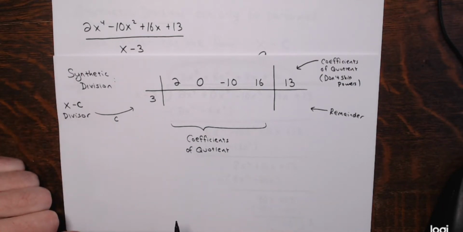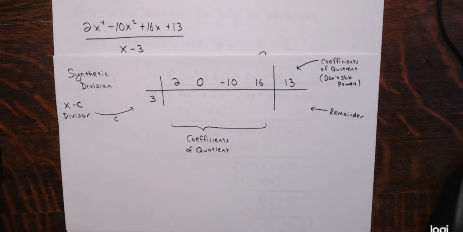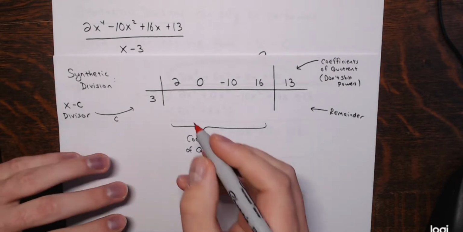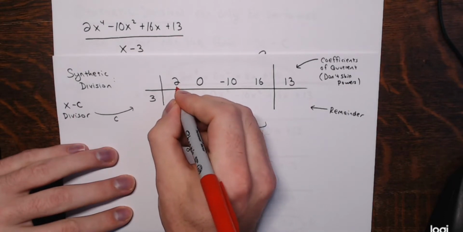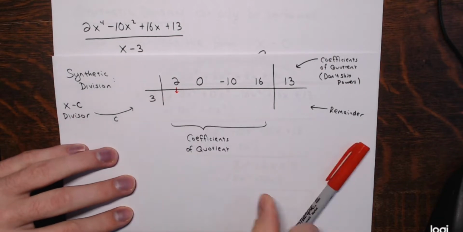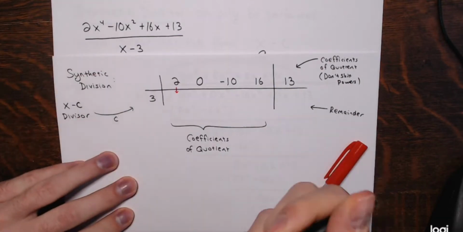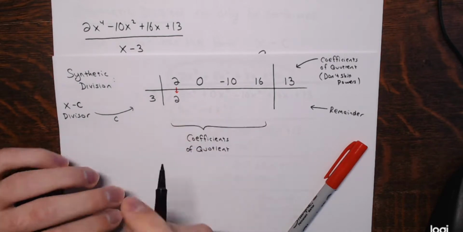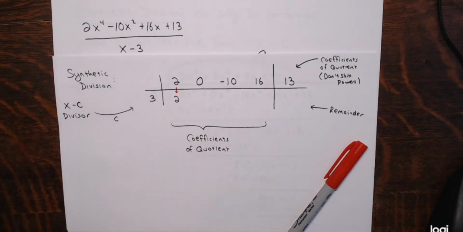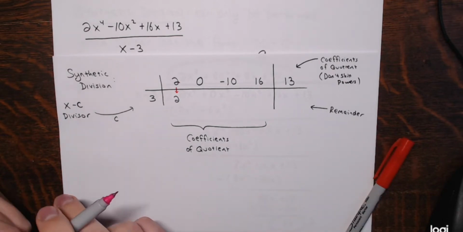All right, so here are the steps. And I'll just draw little arrows and stuff. First step, the lead coefficient up here becomes the lead coefficient down here. You just drop the first one. So I'm writing the number 2 again. Then the rest of it is just a lot of multiplication and addition.